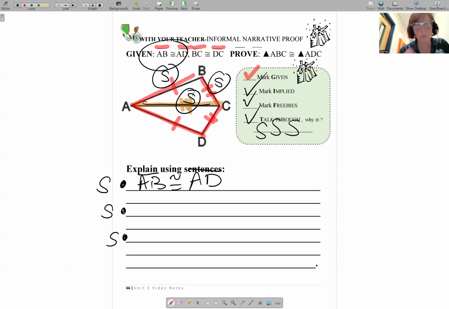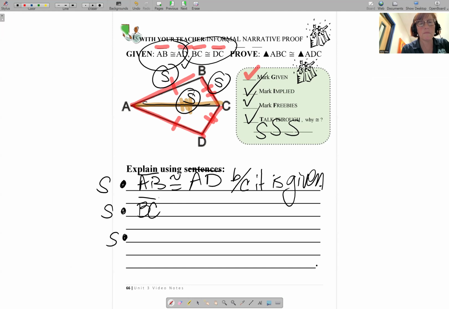We know that's true. Why? Because we're going to abbreviate. It is given. Check. That's true. Why? It's given.